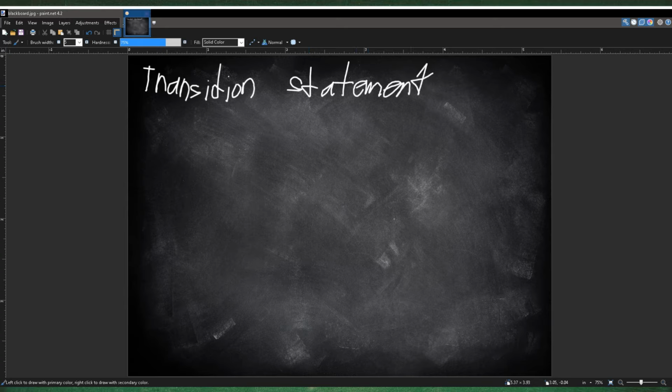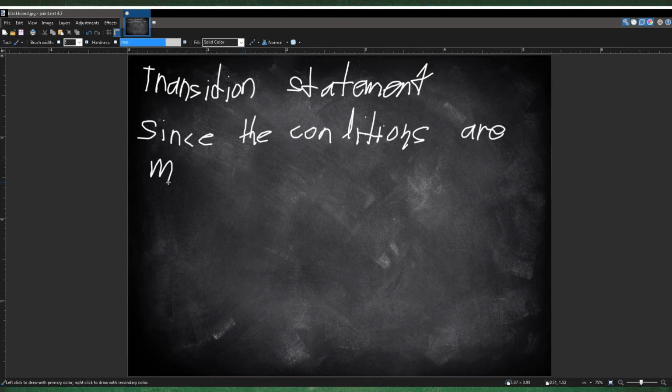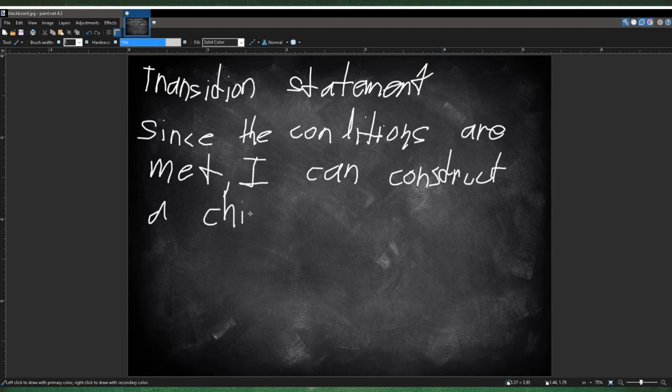This is very simple. Yeah, it's the same for the first part for all the tests. Since the conditions are met, I can construct a chi squared goodness of fit, which you just write GOF basically.